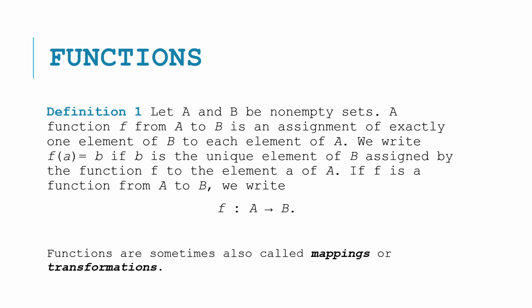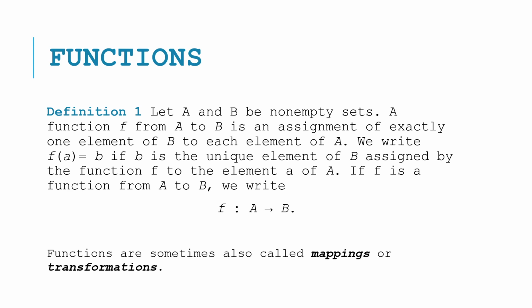We write f of a is equal to b if b is the unique element of set B assigned by the function f to the element a of the set A.